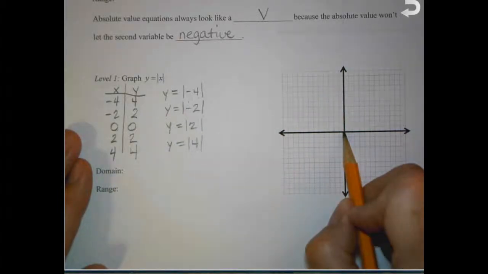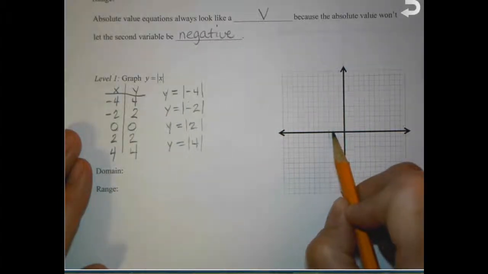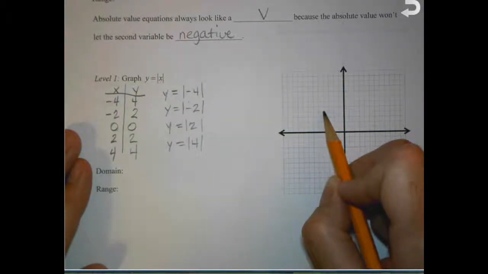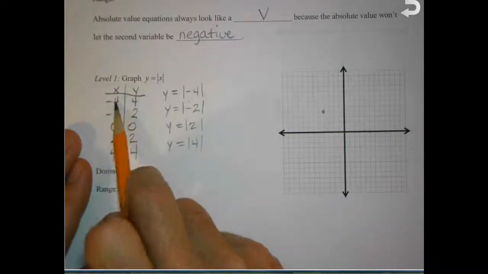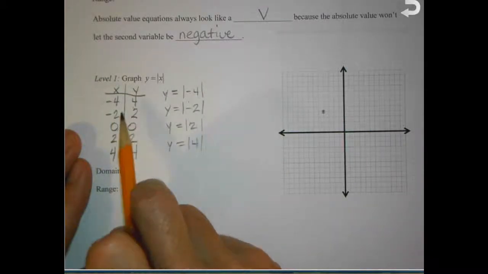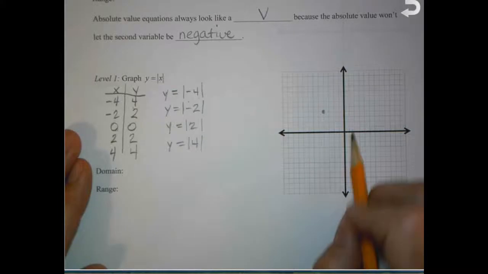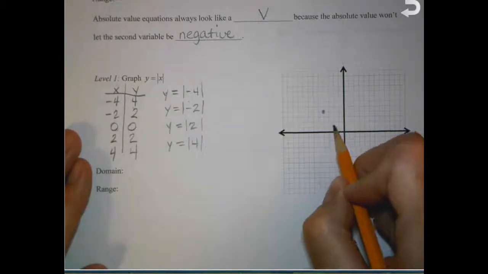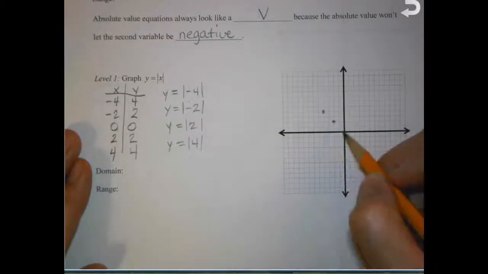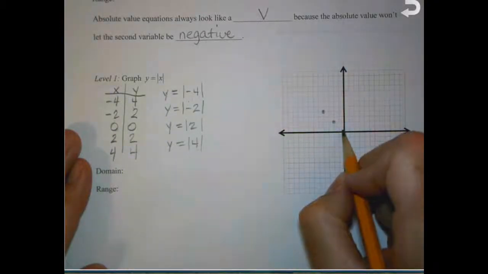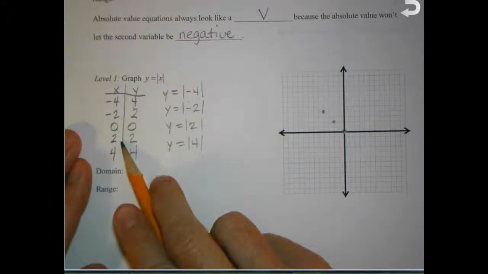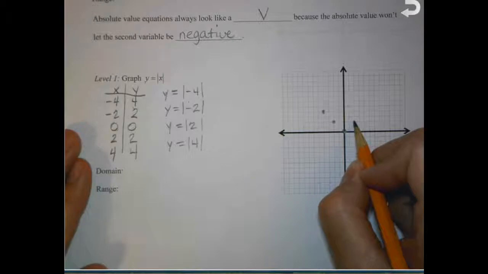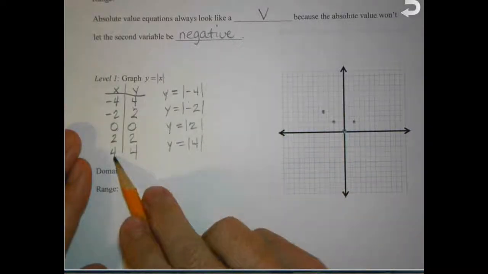Remember, in the x direction, you go -1, 2, 3, 4, and then +1, 2, 3, 4 in the y direction. So my x direction, my y direction. Now for the next coordinate, -2, 2, start at 0, -1, -2, and then +1, 2. And then 0, 0, and then 2, 2, 1, 2 in the x direction, +2 again in the y direction, and then 4, 4.